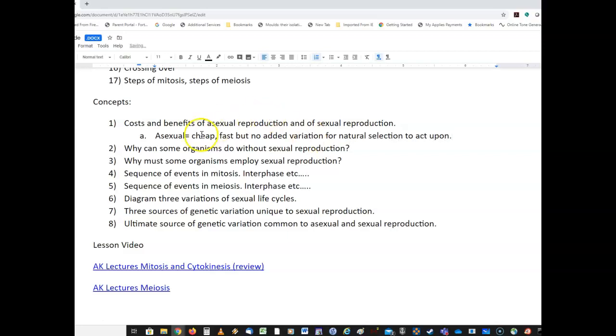All right. So the benefits are that it's cheap and fast, but the bad things are there's no added variation for natural selection to act upon.